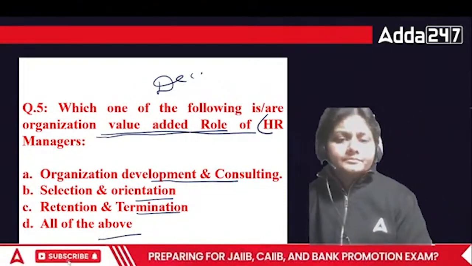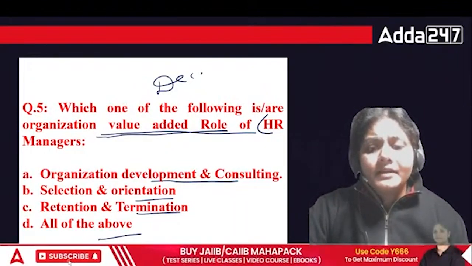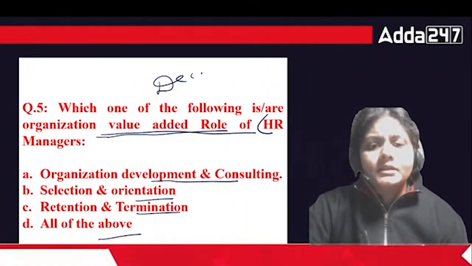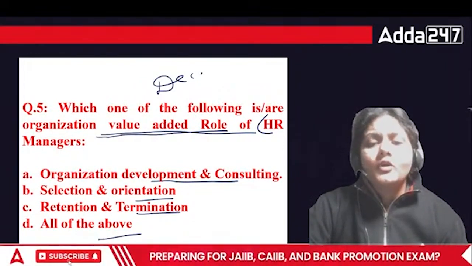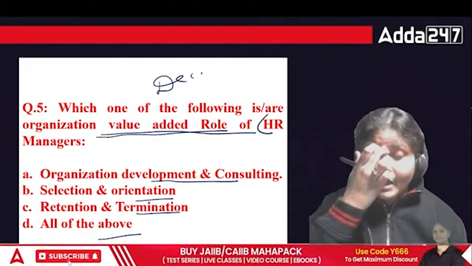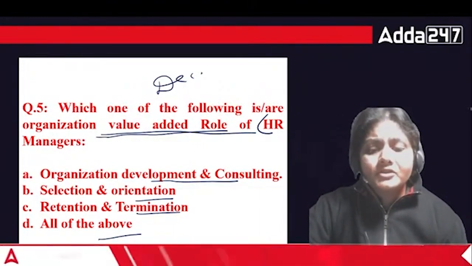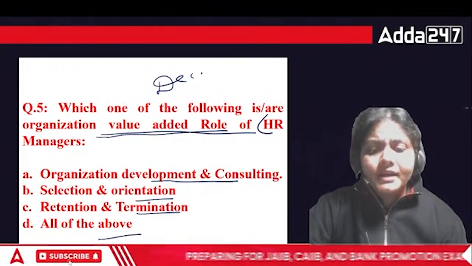There are 3 types of role in the SHRM, right? The number one is traditional role, number two is organization value added role, and number three is the transformational role. So which one is the right answer, tell me? What is the right answer here?